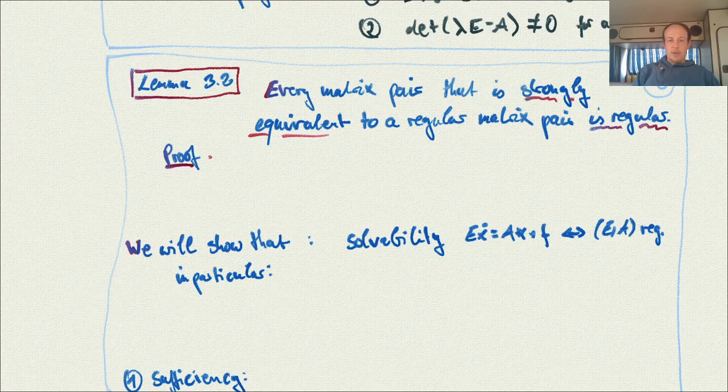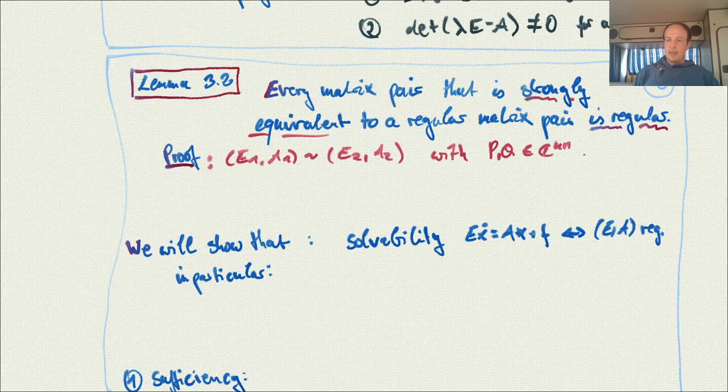And the proof is basically a one-liner. So assume E1, A1 is strongly equivalent to E2, A2 with these matrices P and Q being square and invertible.